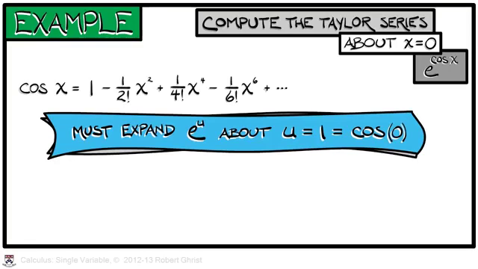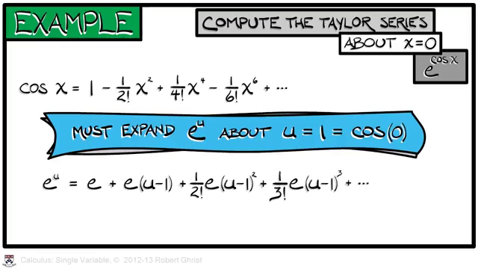Cosine of 0 is 1. Well, the Taylor series of e to the u about u equals 1 is easy to compute. There's nothing difficult there. However, what we must then do is substitute into it this series for cosine of x. That is, u is 1 minus x squared over 2 plus x to the 4th over 4 factorial plus higher order terms.